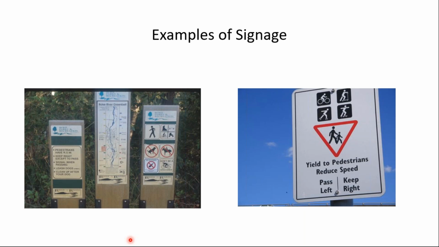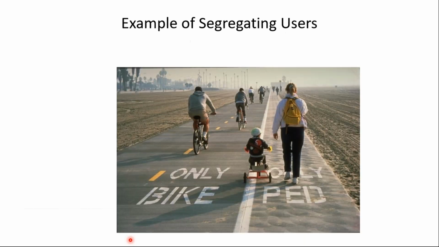Clearly, those signs cannot be read at speed. Here's an example of segregating users, bikes, in this case on our left, pedestrians on the right. But again, remember, this would be a good place where maybe you need those directional indicators to provide detectability for the vision impaired.